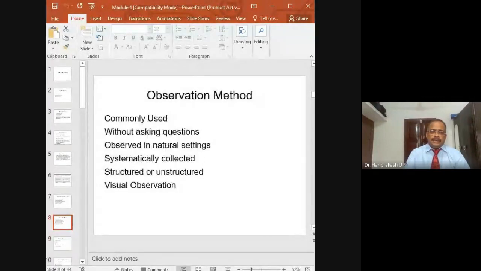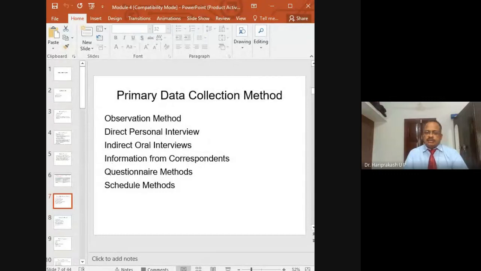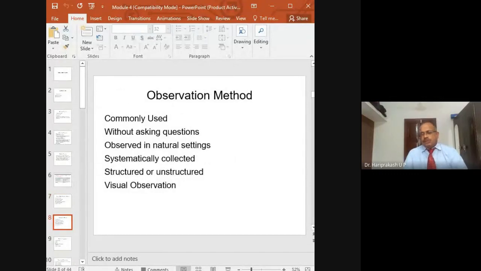So when I am talking like this, you may not very clearly understand what this observation method is. So I'll give an example. Suppose you want to observe the behavior of people in a retail environment, a mall environment. How do people behave, a consumer behavior? How many people come to a shop at what time of a day?